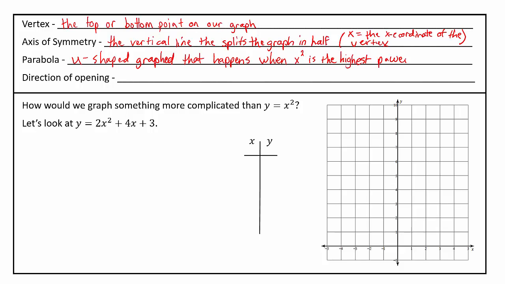So in other words, having x cubed would not create a parabola, but having x squared as the biggest power does. The direction of opening is going to be up or down, and that is caused by the sign in front of x squared. And we'll see that in a later example, I think.